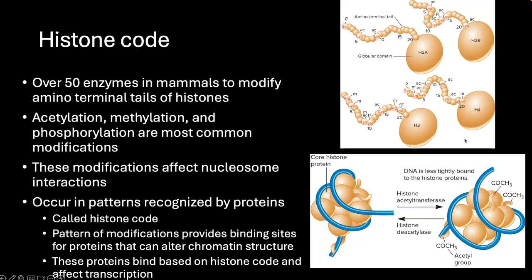For example, acetylation, shown here, leads to less tightly bound DNA to the histone octamer. These different modifications serve as markers and binding sites for various proteins that alter chromatin structure. This language of histone modifications that these proteins recognize is called the histone code, and this has large effects on transcription.